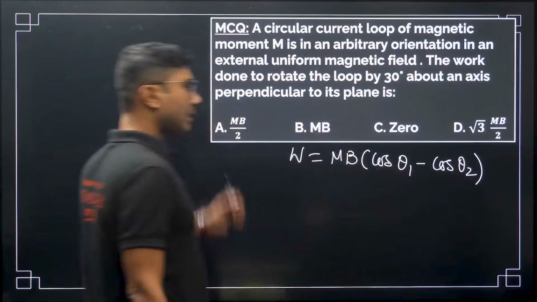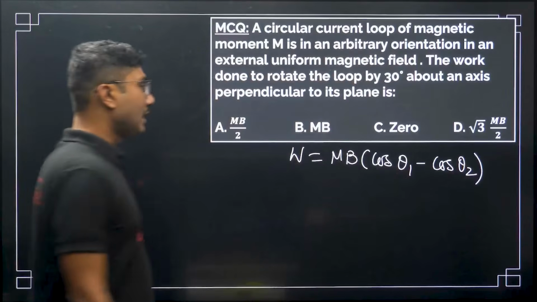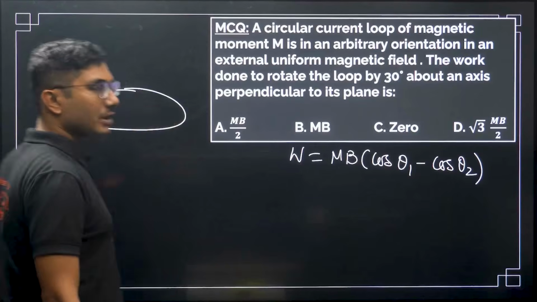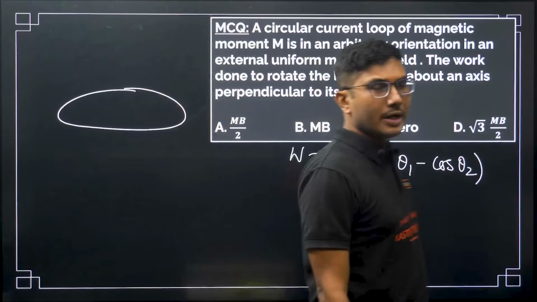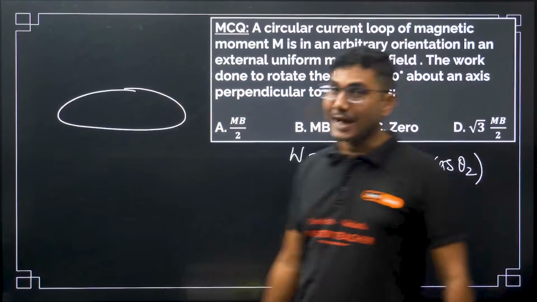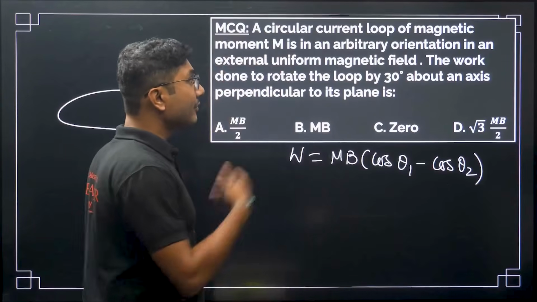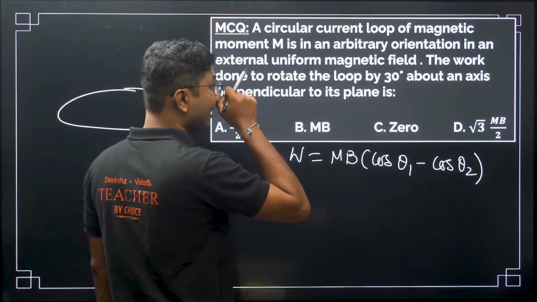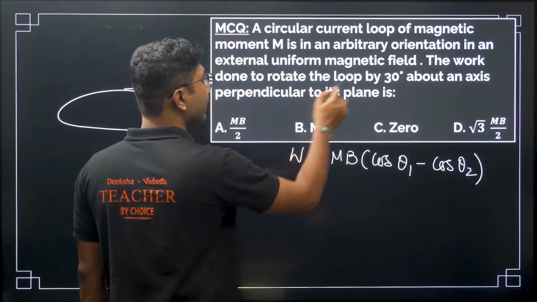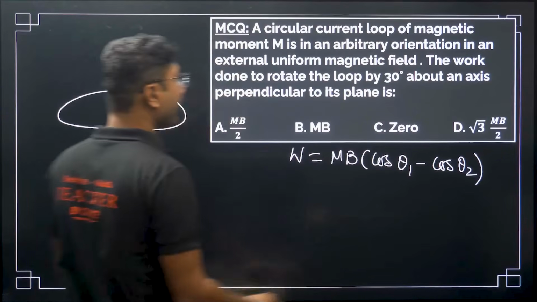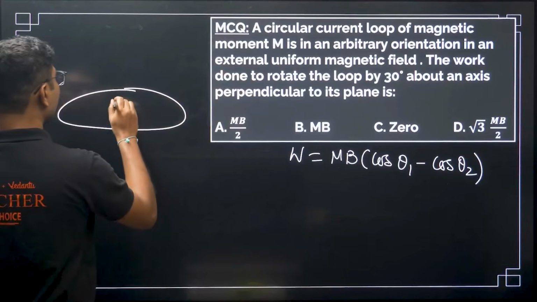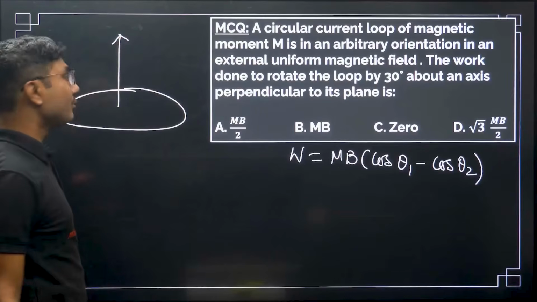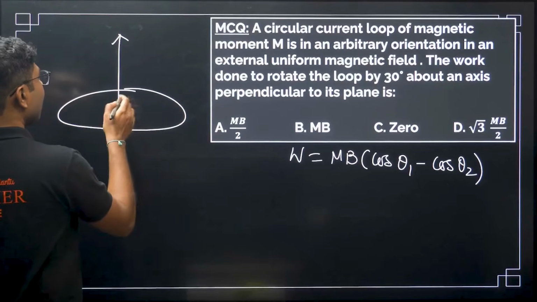So this is the normal formula for work done, but it says that the loop is in some arbitrary position. If you read the question carefully, it is about an axis which is perpendicular to its plane.